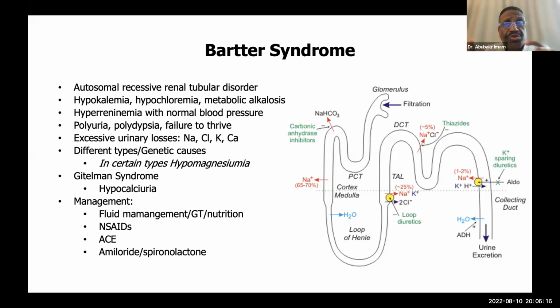This could be attributed to a lot of reasons, some of them that the prostaglandin is also upregulated in these patients, and the prostaglandin counters, balances the effect of the angiotensin II. So the effect of the angiotensin II is more or less blunted.